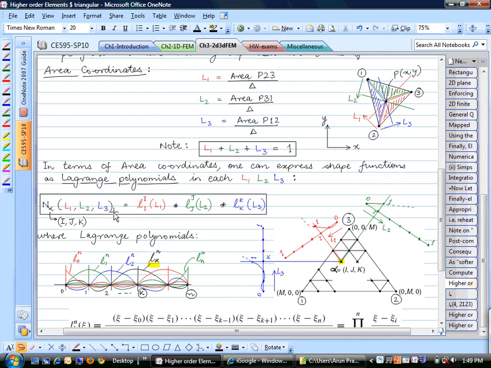Therefore, this function will go to 0 at all these points now, which means that this shape function goes to 0 at all these points and all these points. So all we are doing is we are multiplying something that goes to 1 at this node and 0 at every other node. And we will construct this shape function so that finally we will have a shape function that goes to 1 at this point and 0 at every other.